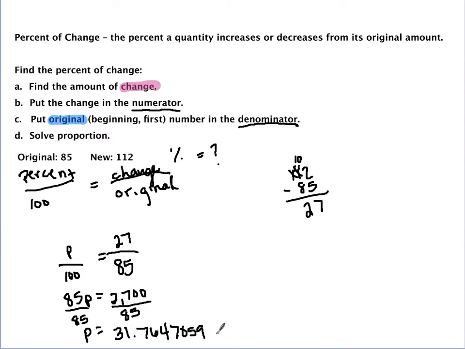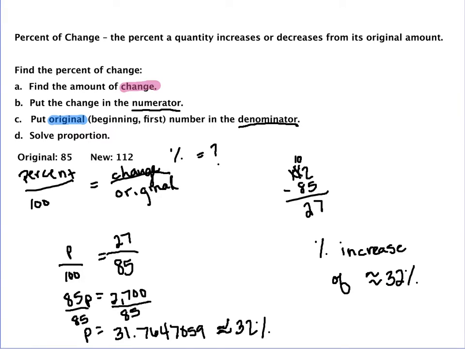So we're going to round to the nearest percent and say that that's about 32%. So now, since we went up from 85 to 112, this would be a percent increase. And the percent increase would be about, and that's what this squiggly line here means, 32%.